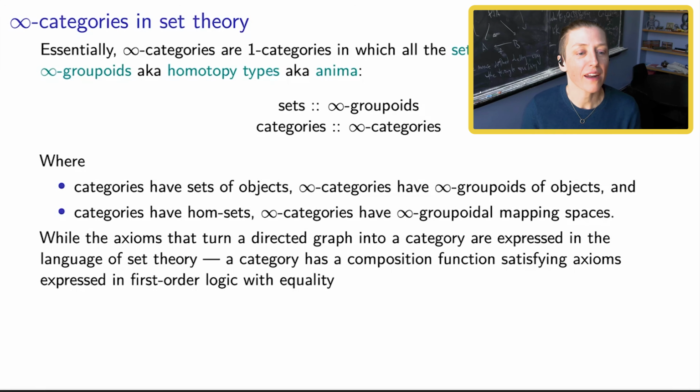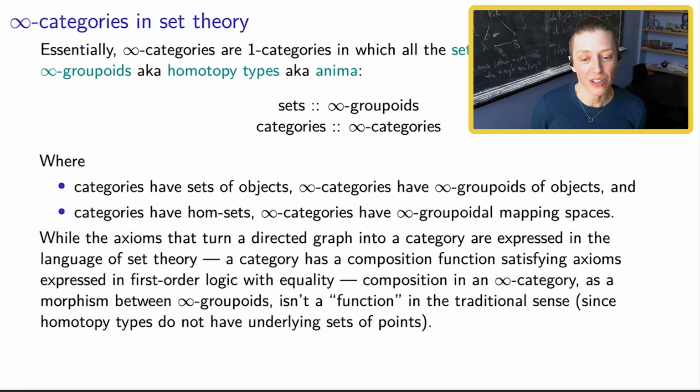But more than that, the axioms that turn a directed graph into a category, the existence of a composition function and the existence of identity arrows, so that composition is associative and unital, are all expressed in first-order logic with equality, using the notion of equality between arrows. And all of that needs to be redeveloped in this higher dimensional and weaker setting.